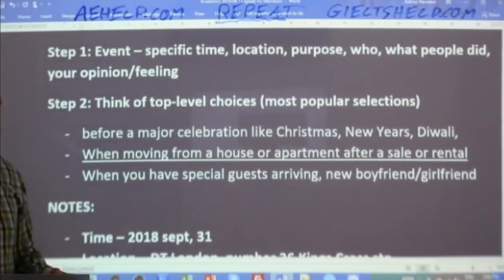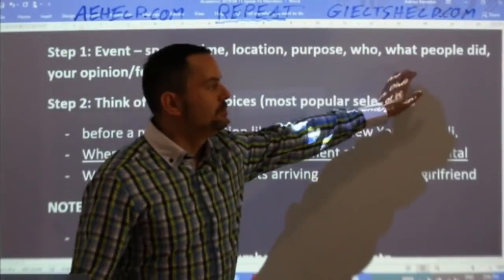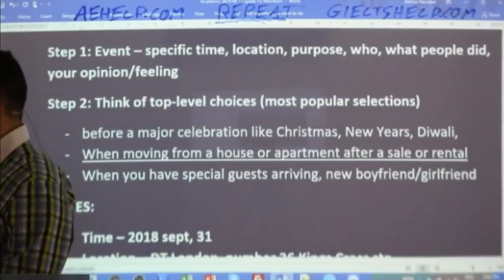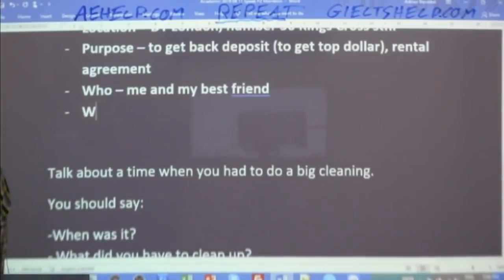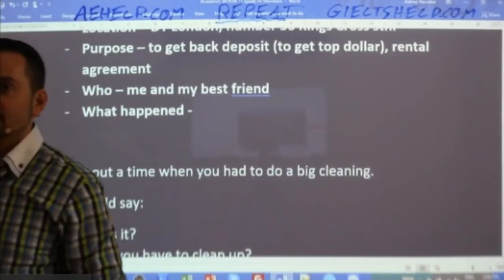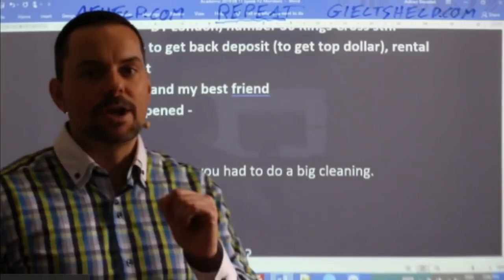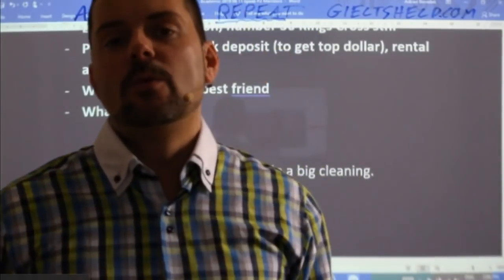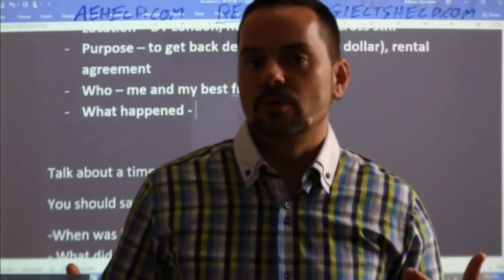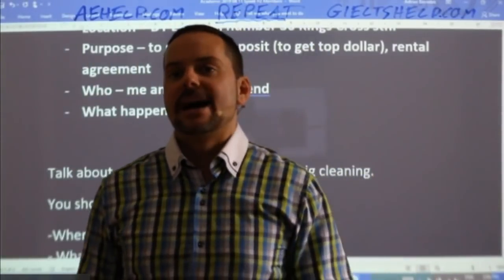Okay. So this is a big one. What did people do? So again, just some simple, quick notes. What do you clean when you're cleaning a house or an apartment after you're moving out?